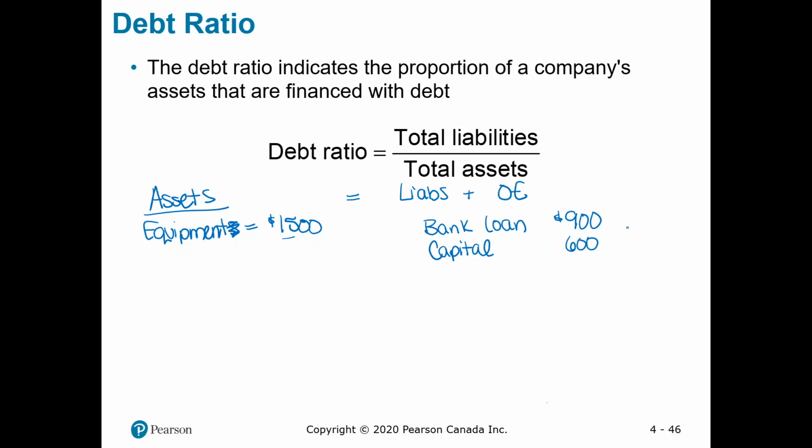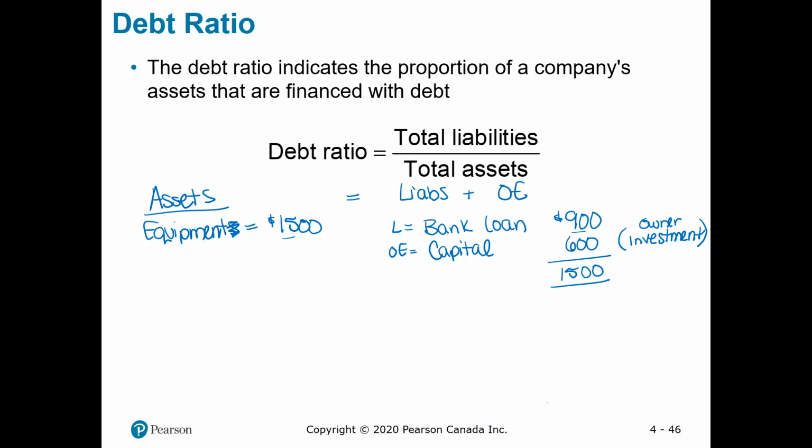So we invested $600, and that goes into our capital. So that's the owner investment. We put in $600, we didn't have enough money, so then we financed the rest through the bank. So that gets us our total of $1,500. So this is a liability, a bank loan, because we need to pay the bank back, and capital we know is part of owner's equity.